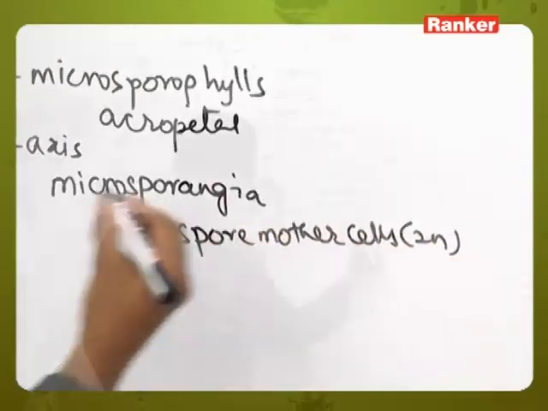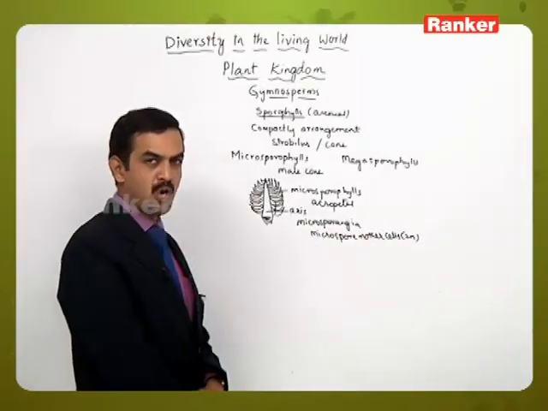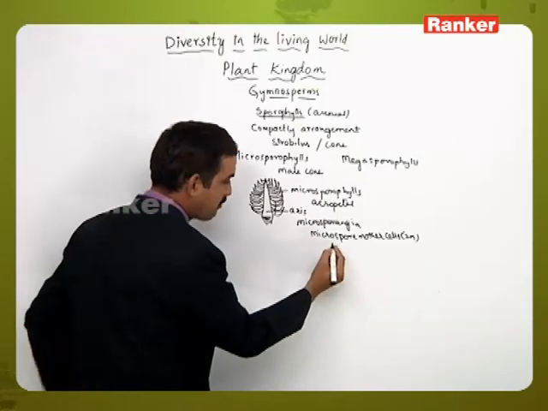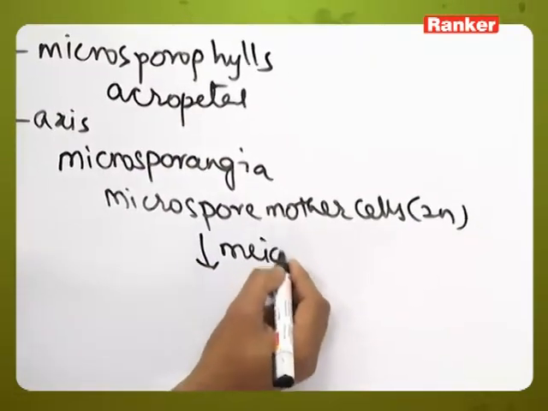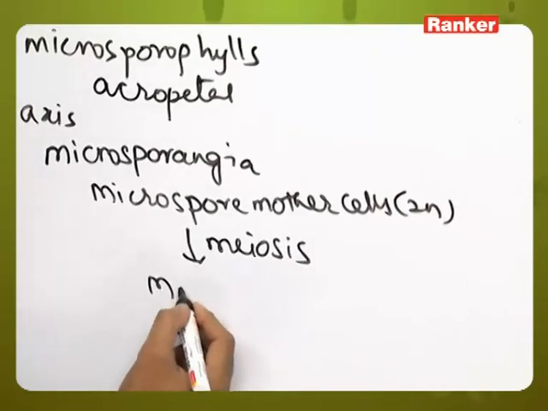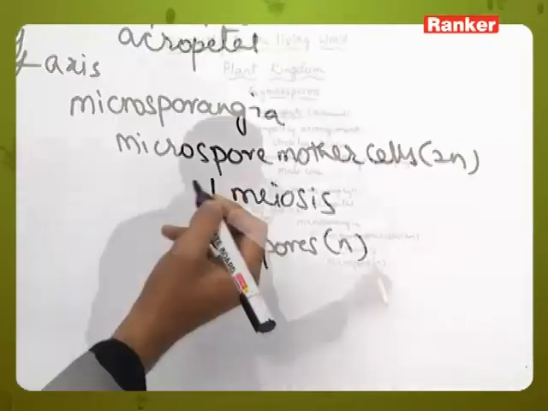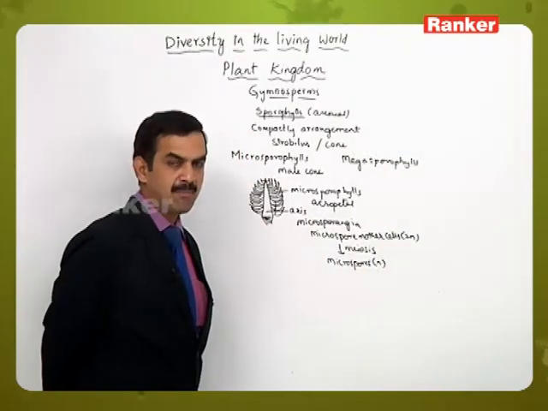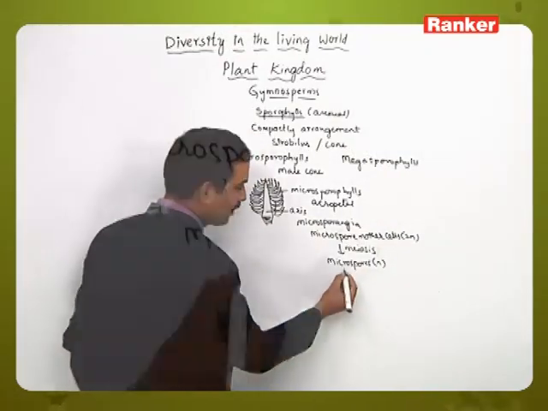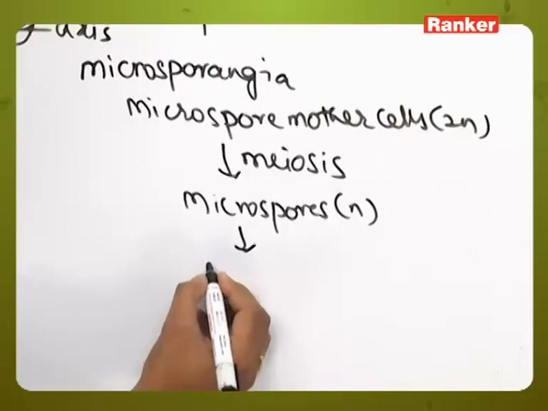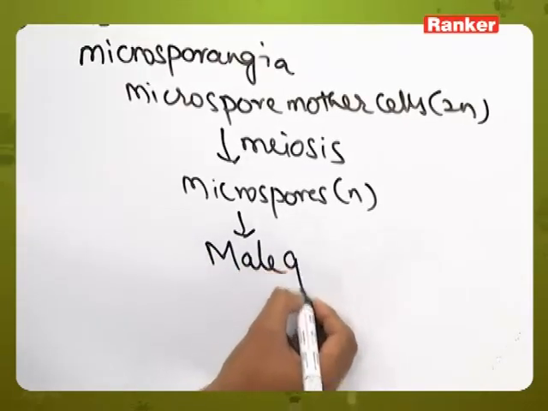Up to this structure all of them are diploid in nature. When the microspore mother cells undergo meiosis, they form microspores, which are considered to be the first cell of the gametophytic generation, and these microspores will be converted into the male gametophyte.